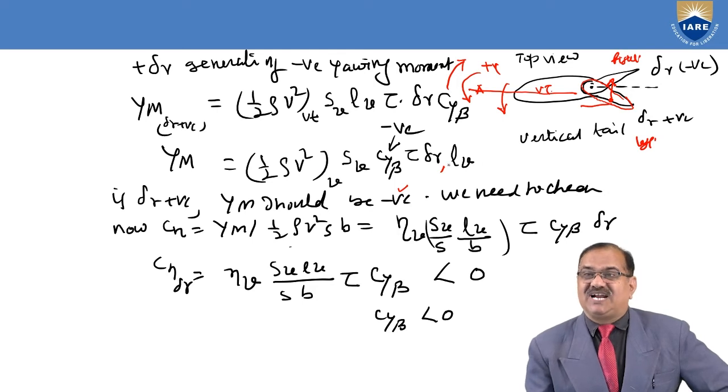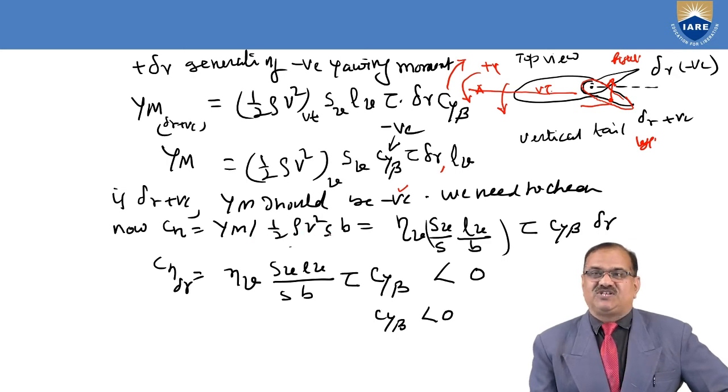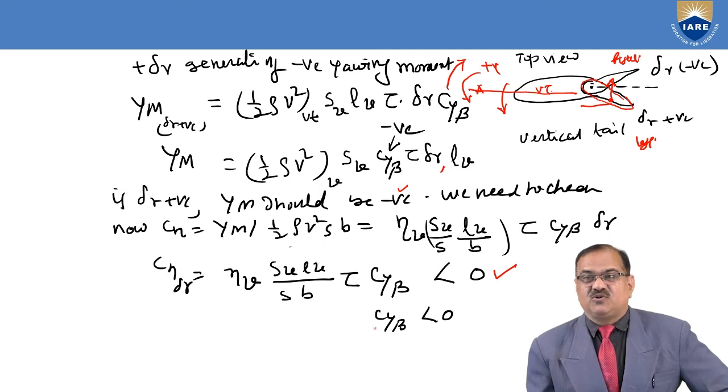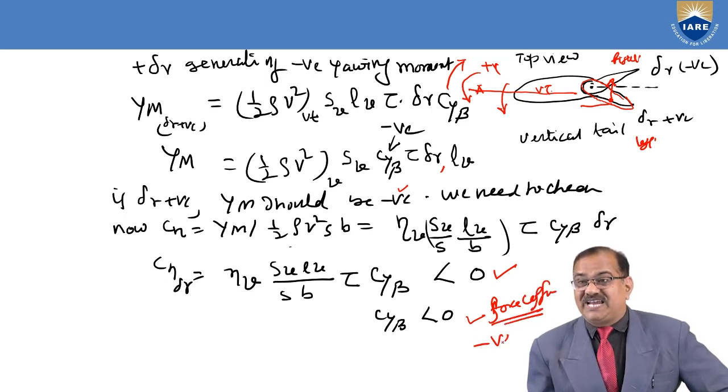If this δ_R is positive, this Y_m should be negative. Now, if we take C_n equal to N by half ρV² S b, here we have already done this: V_V, S_V by S, L_V by b, τ, C_Yβ, δ_R. So C_nδR is equal to V_V S_V L_V by S_V τ C_Yβ. It should be less than 0. So C_Yβ should be less than 0. It is a force coefficient, so this force coefficient should be negative.